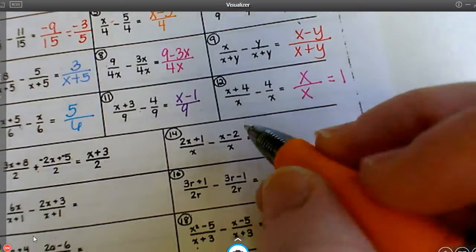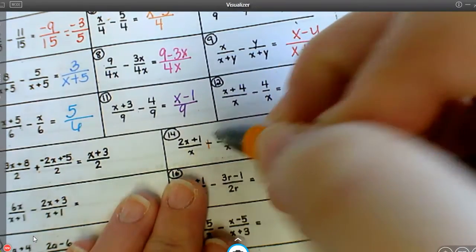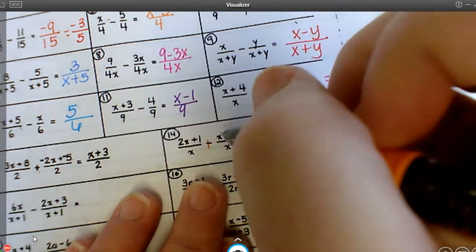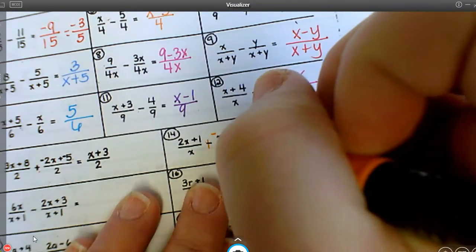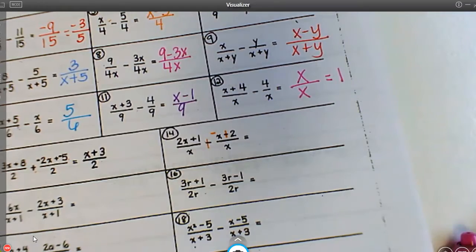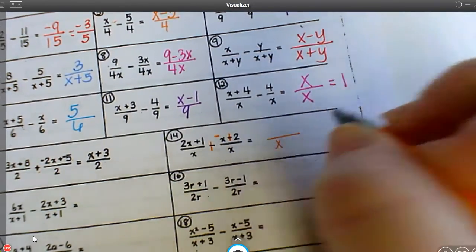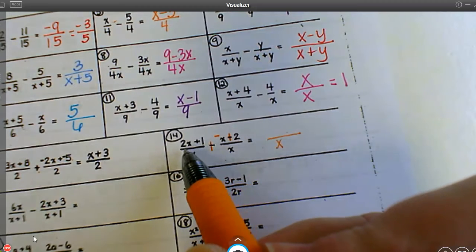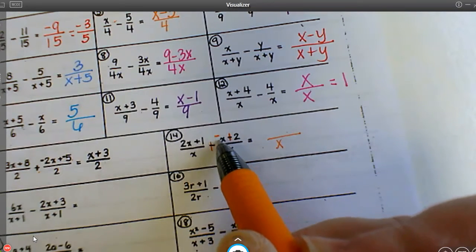So on number 14, it's a minus right there, so I'm going to change that to plus. That x I'm going to change to a negative, and the negative 2 I'm going to change to a positive. So I changed everything after it, and now I combine and try to figure it out. The denominator is still going to be x. But when I look at the numerator, I'm going to take 2x and subtract x. 2 minus 1 pretty much.